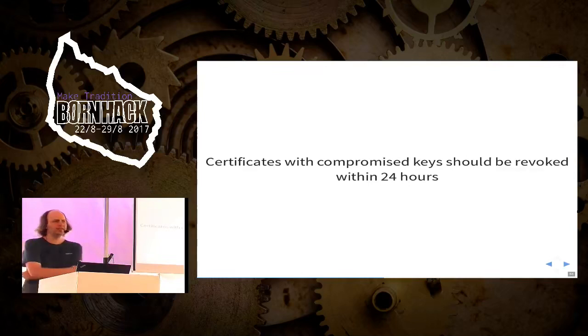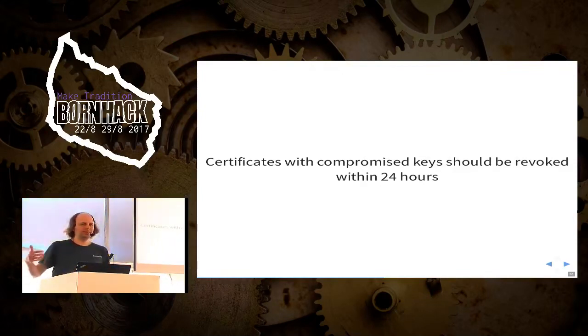So interesting here is that for certificate authorities, there are the so-called baseline requirements, which is a kind of rule book for how certificate authorities should operate. They say that if a private key for a certificate is compromised, then it should be revoked. These CAs operate so-called OCSP servers where you can query whether a certificate is still valid.